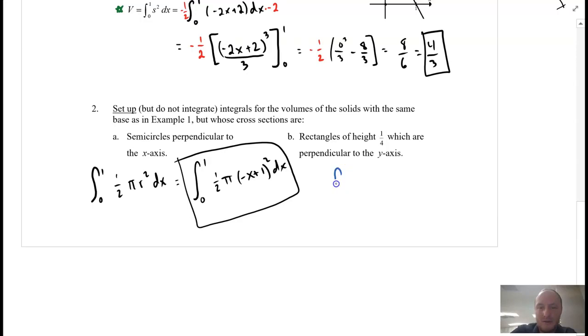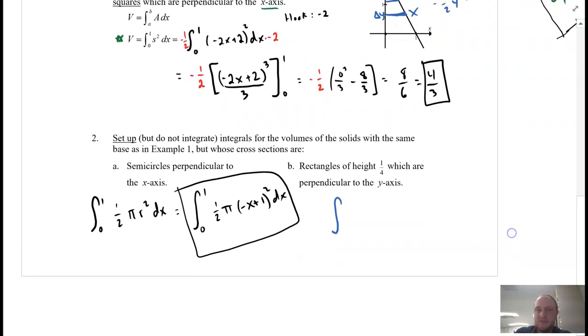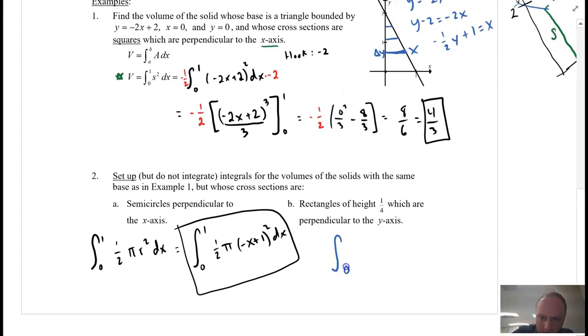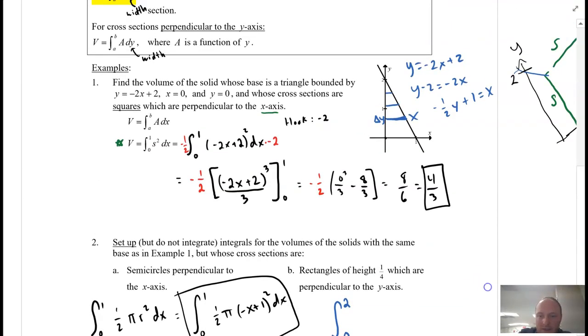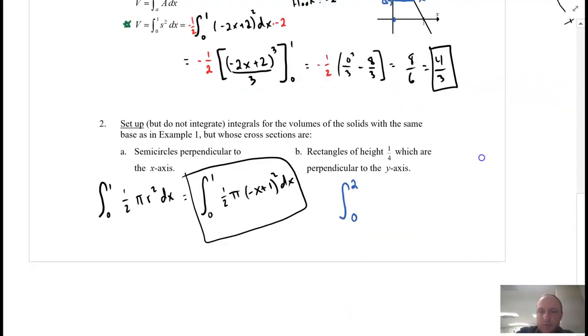So this is going to be the integral from 0 to 2. Now, why is the limit 0 to 2? Well, we're integrating with respect to y, so perpendicular to the y-axis, that is 0 to 2.